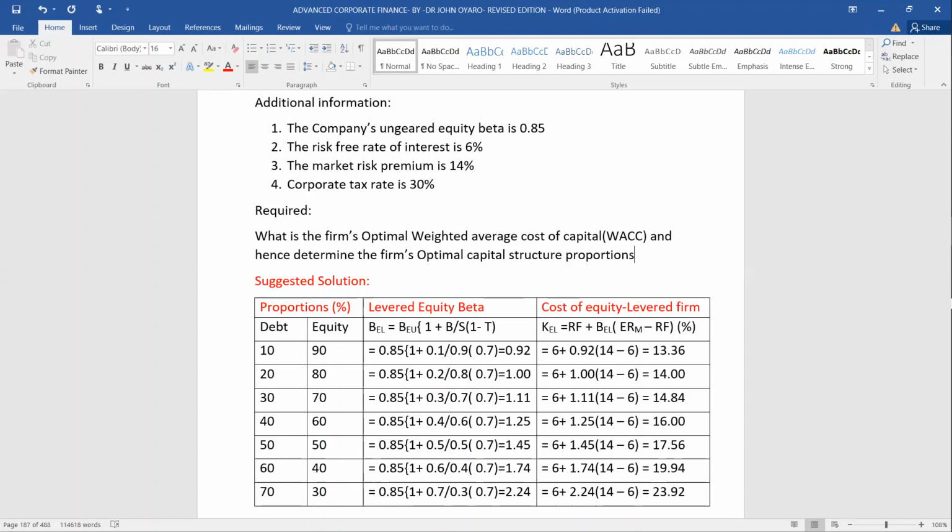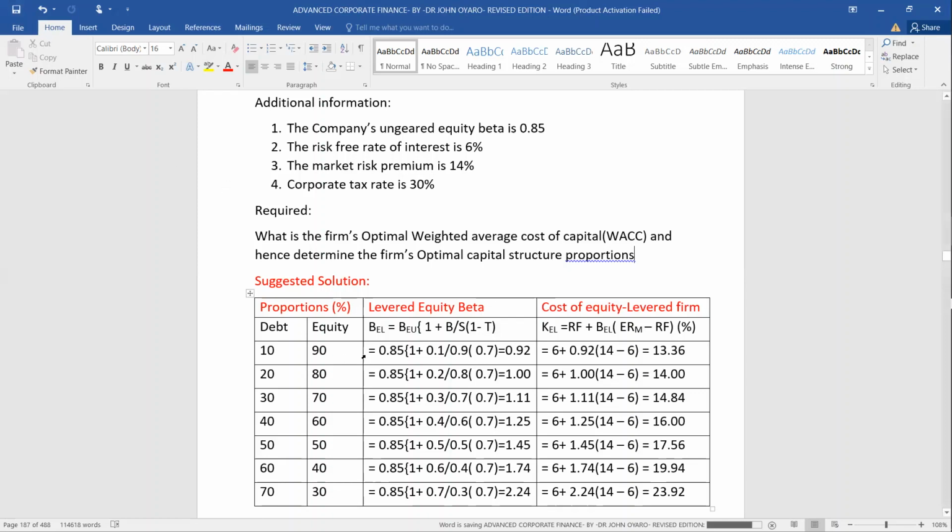So we can answer two questions. Determine the firm's optimal weighted average cost of capital, the minimum. When you talk about optimal weighted average cost of capital, it is the minimum.